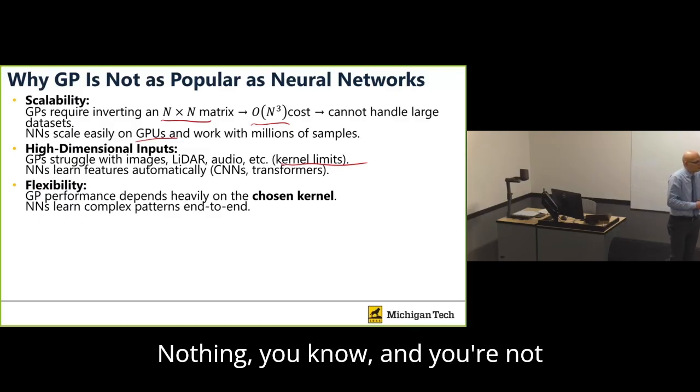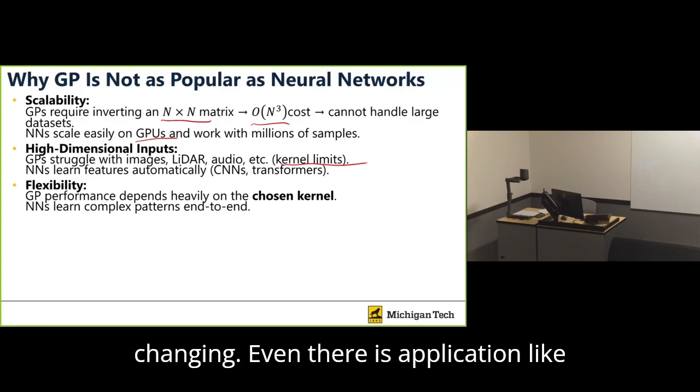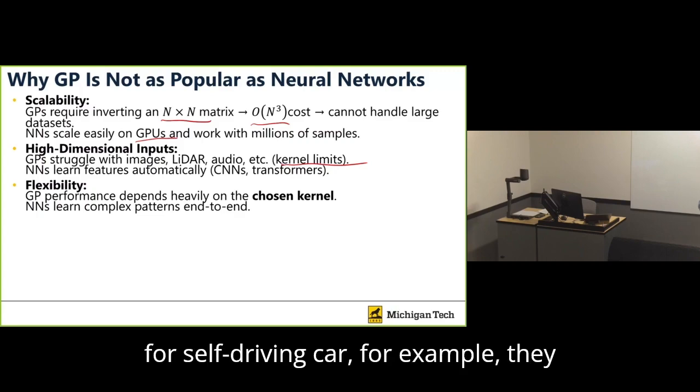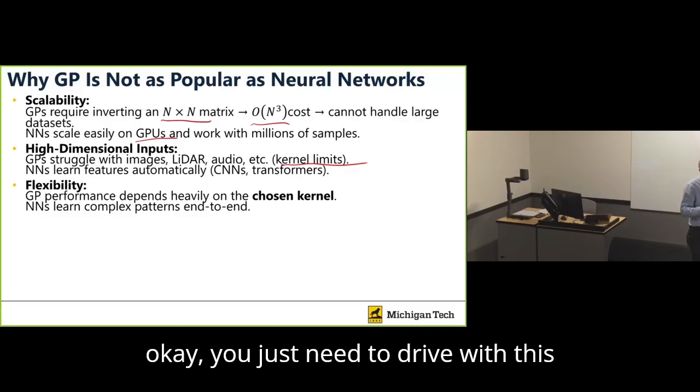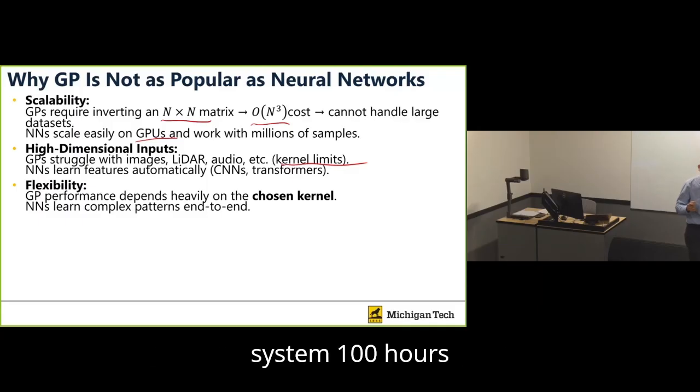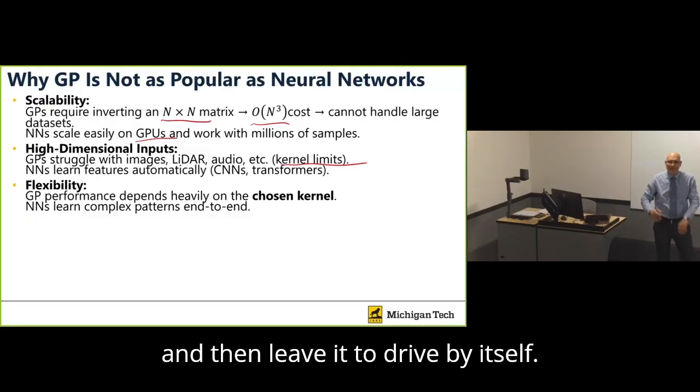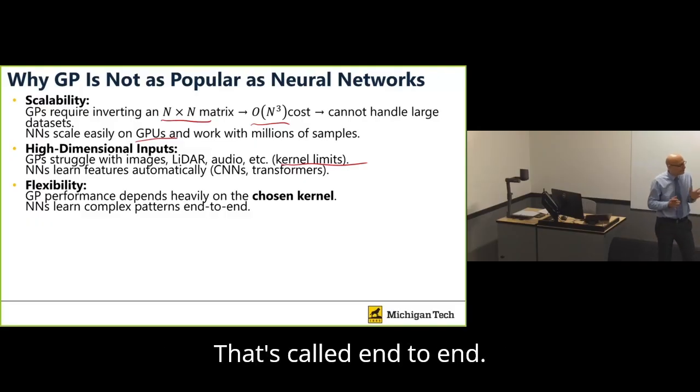You're not changing anything. There is even an application for self-driving cars. For example, they made a deep neural network and said, okay, you just need to drive with this system 100 hours and then leave it to drive by itself. That's called end-to-end.